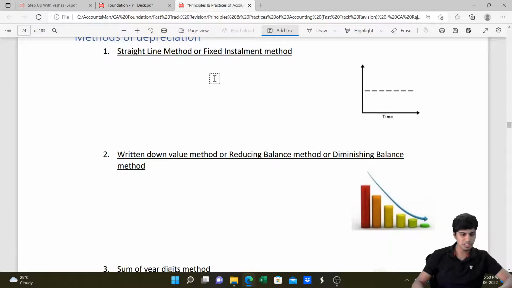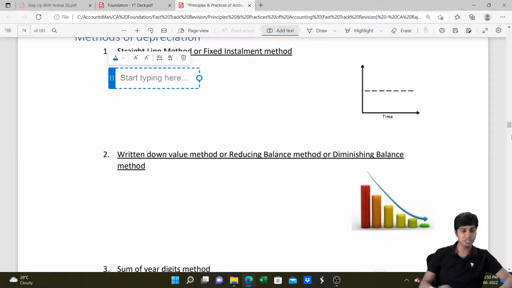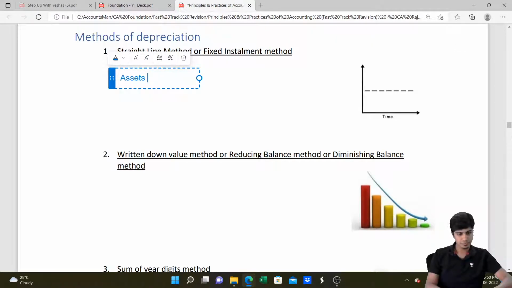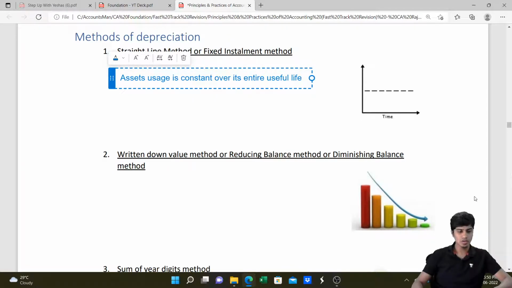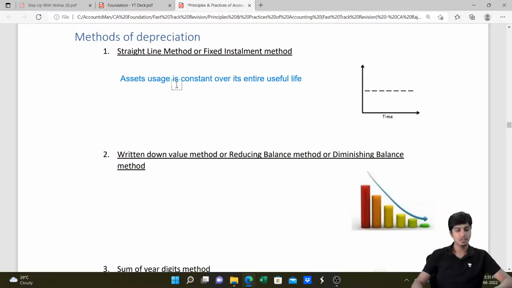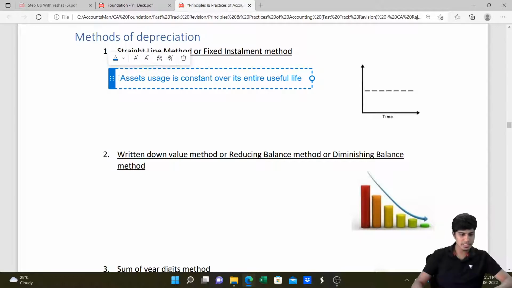So the assumption here is that the asset's usage is constant over its useful life, and this is what we call the straight line method.